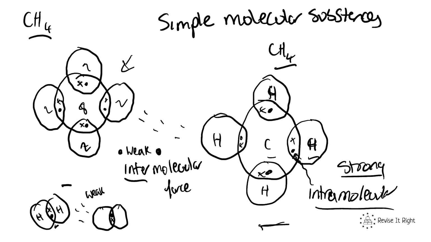So that is another example of a simple molecular substance. We could have talked about chlorine, Cl2, nitrogen, water, carbon dioxide. These are all examples of simple molecular substances. They have strong intramolecular forces between the atoms, but weak intermolecular forces between the actual structures.